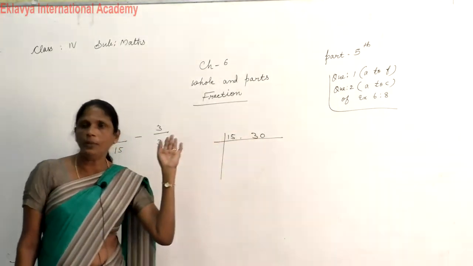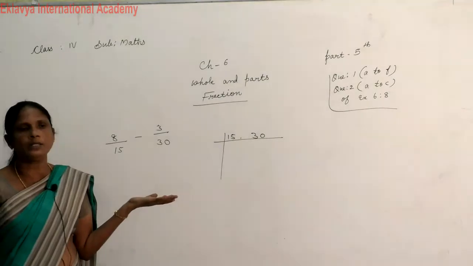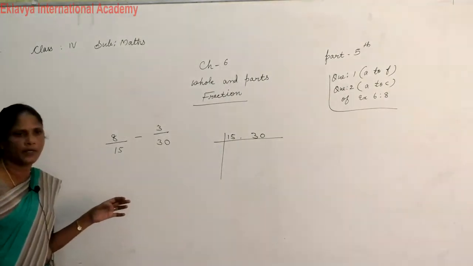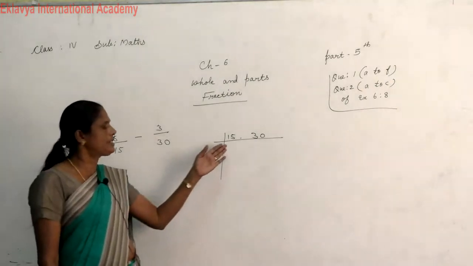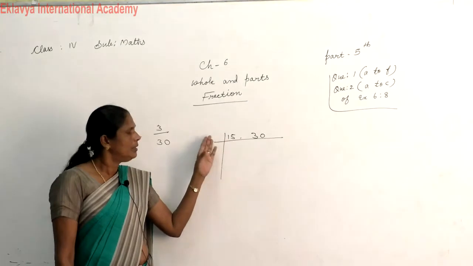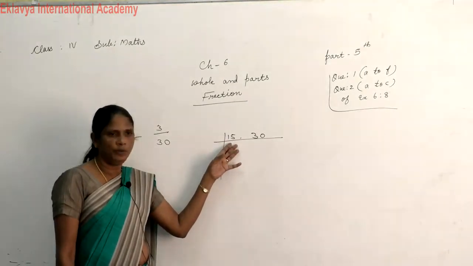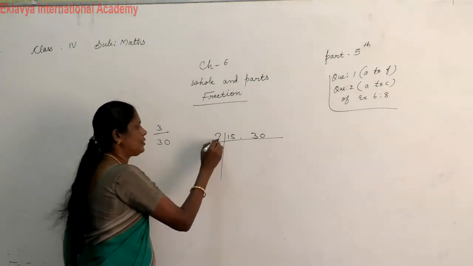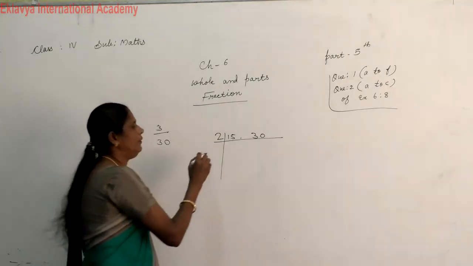You know the prime numbers. What are the prime numbers? 2, 3, 5, 7 and so on. Here which number divides both? Is 15 divisible by 2? No. 30? Yes. We take 2. The first prime number is 2.